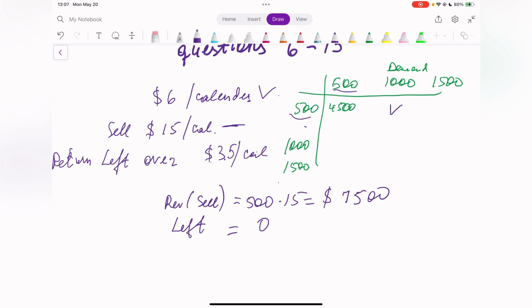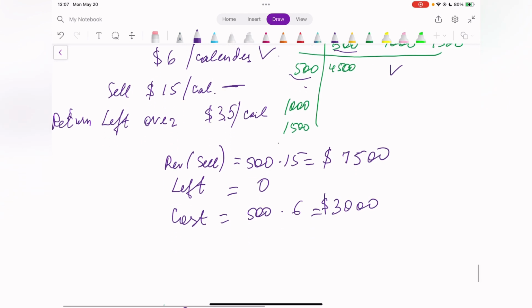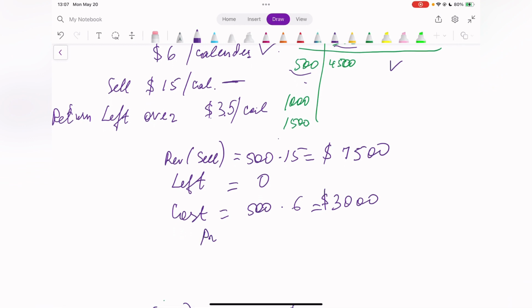And the cost is the same way: 500 times 6 is 3,000 dollars, and profit is again 7,500 minus 3,000, 4,500.